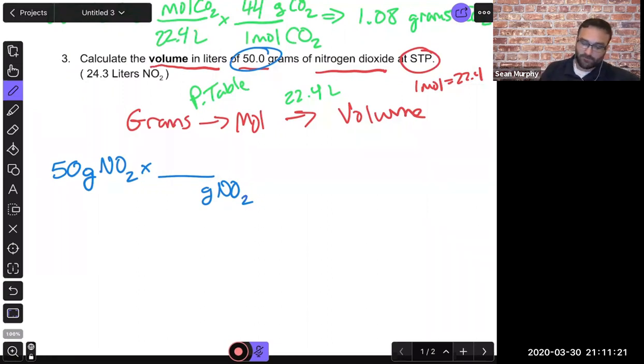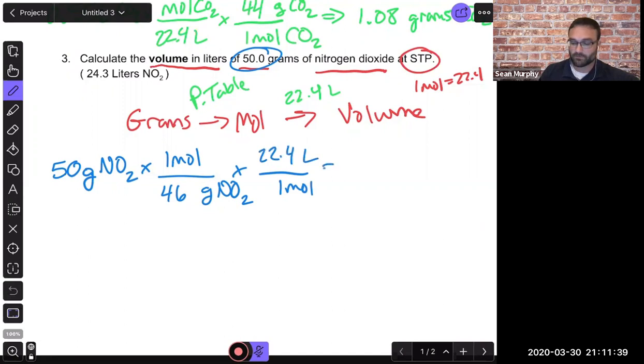You should get 46 grams on the bottom. And now we have switched to moles. 1 mole on top, 1 mole on the bottom, and then we're going to switch to liters and do 22.4 liters.